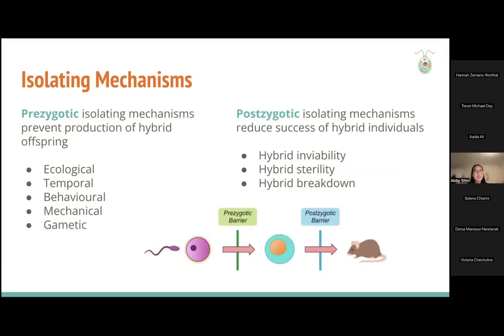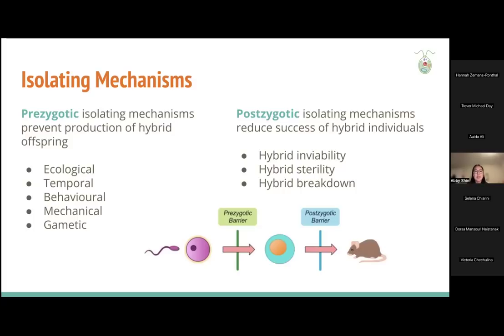When we look at prezygotic isolating mechanisms, this basically means any mechanism that prevents the egg from even fusing with the sperm, so they'll never create a zygote. The ones we go over in class are ecological, meaning that these two organisms reproduce in completely different areas, so they'll never meet.